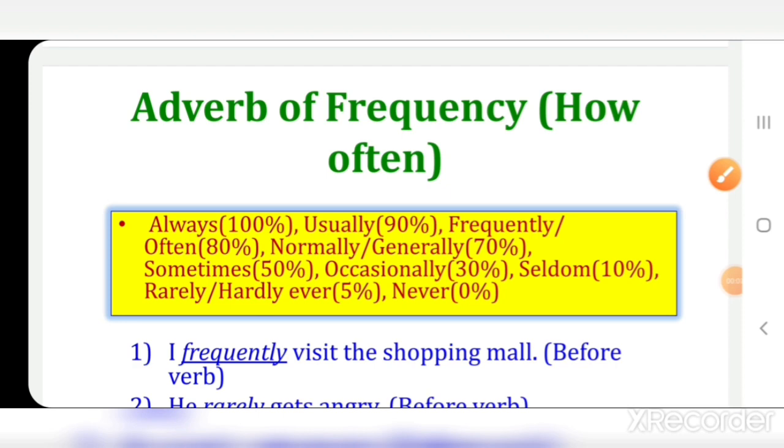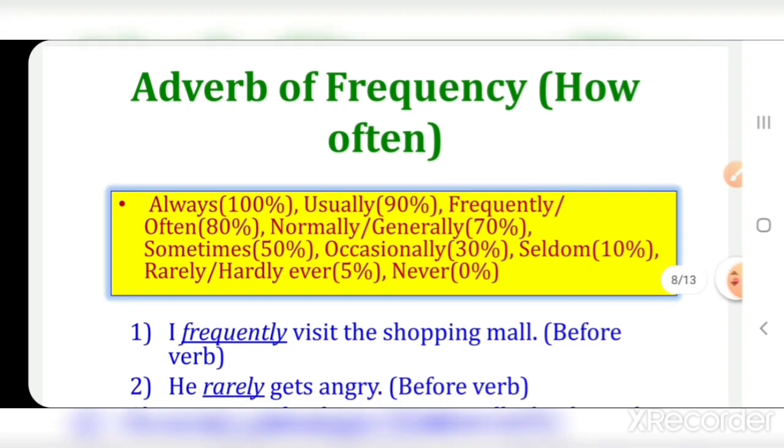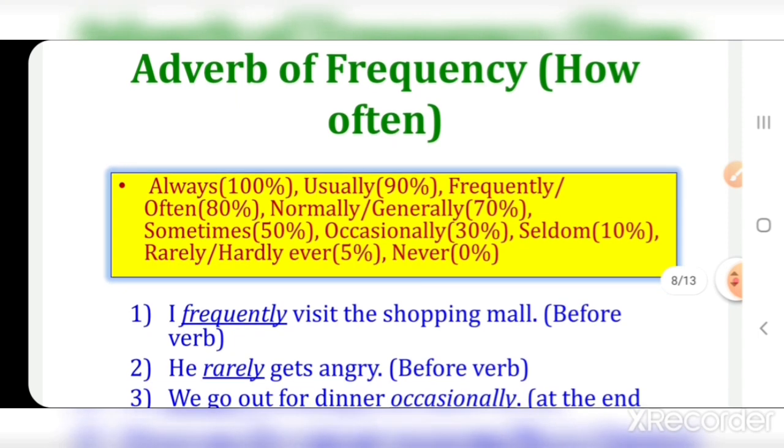Now the adverb of frequency: words which tell us how often some action is performed are adverbs of frequency. First is always, usually, frequently, often, normally, generally, sometimes, occasionally, seldom, rarely, hardly ever, never.